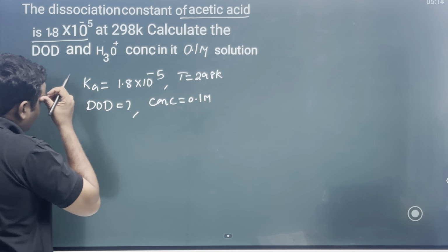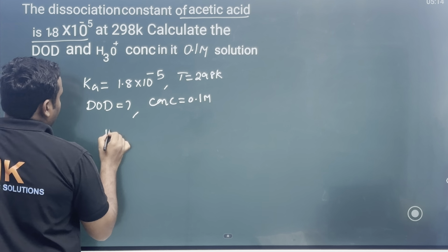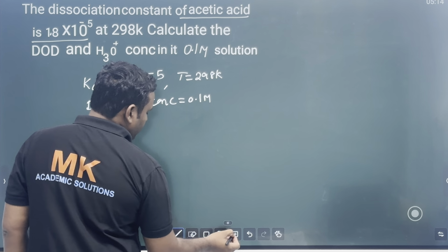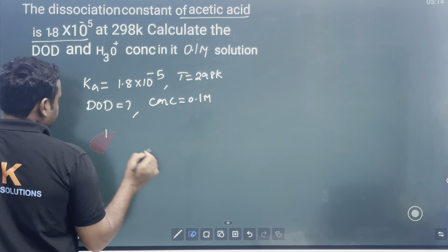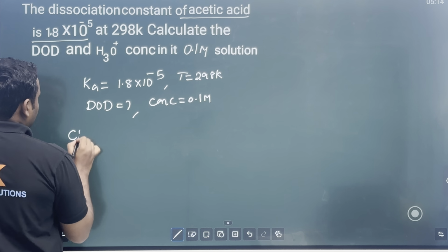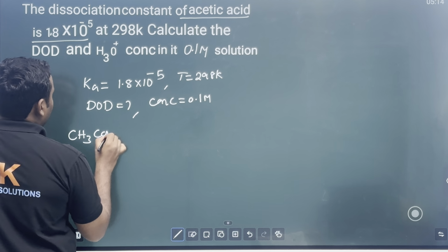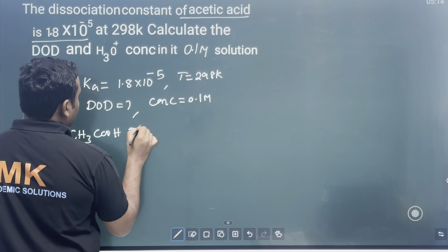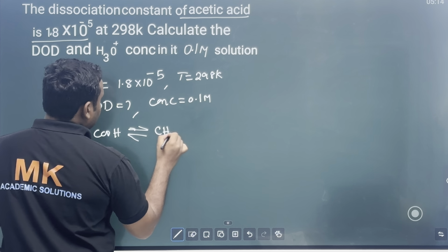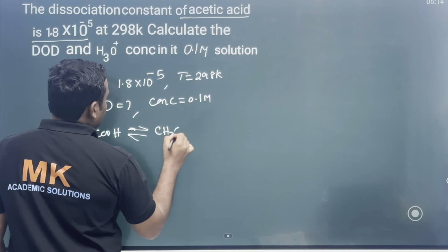Now, how does acetic acid dissociate? CH3COOH gives rise to CH3COO minus plus H plus. They have given the equilibrium concentration, 0.1 molar.